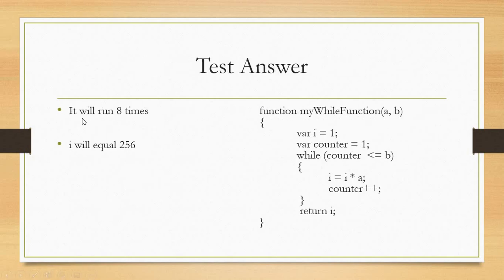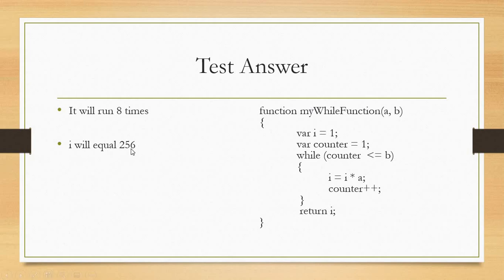The answer here is it will run 8 times. You'll notice that the counter is set to only run while counter is less than or equal to b, so it will run 8 times because we previously set b to 8.